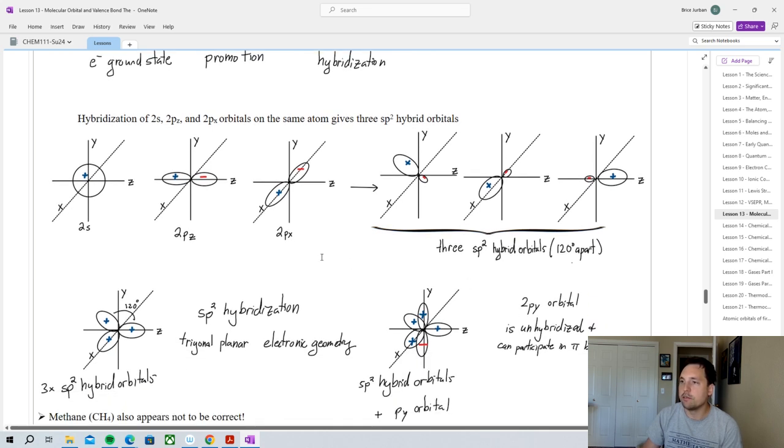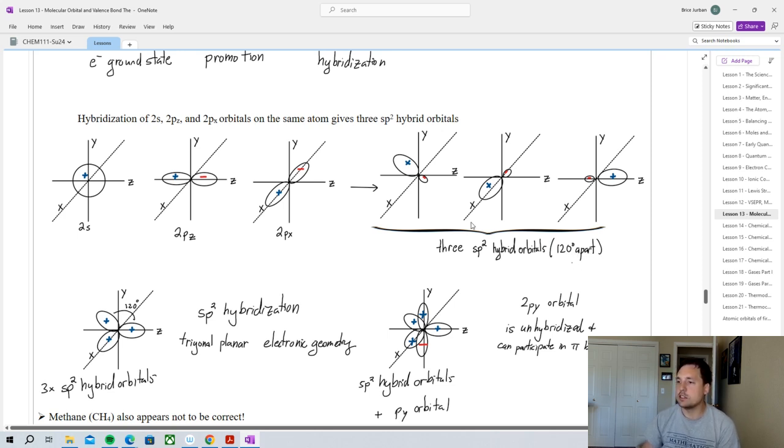First, let me show you what the hybridization looks like. So we have 2s, 2pz, and 2px coming together, 3 atomic orbitals giving rise to 3 hybrid orbitals, where the only difference is their orientation. I try to draw them so that they look like they're 120 degrees apart.